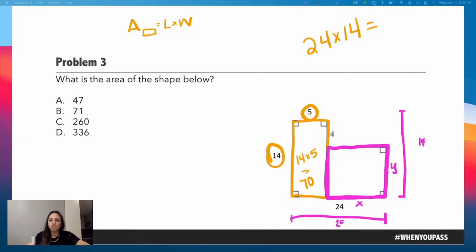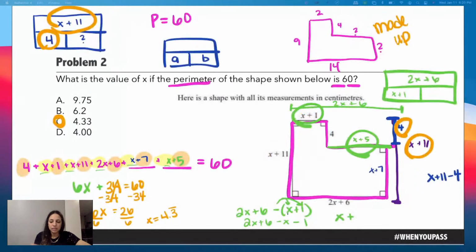So I have to solve for my 2 sides. So how am I going to do that? The exact same way we did it on question 1. A whole and a part and a part.